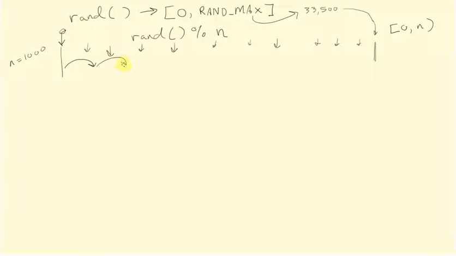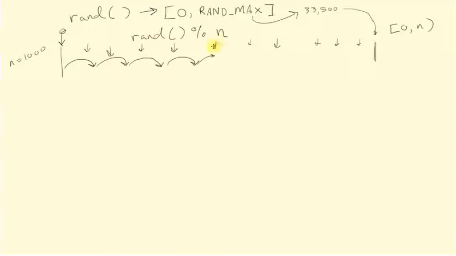Each of these are the divisions of n into rand, right? And when you do the modulus, you divide something until you can't divide it into any more equal parts, and you get the remainder, and that's what the modulus is.